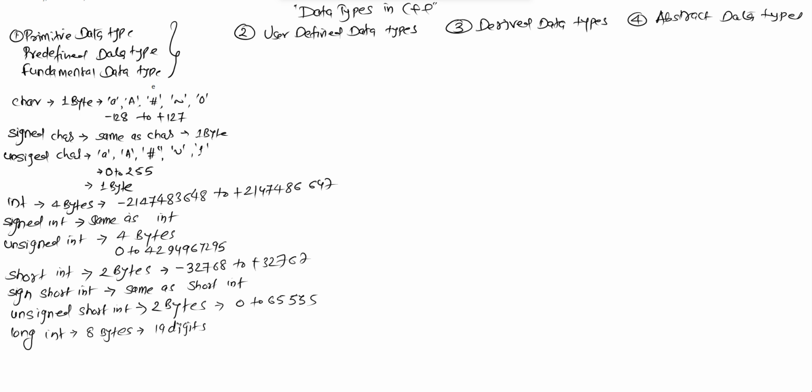So similarly, we have signed long int, which is same as long int, and it takes 8 bytes. And we have unsigned long int that also takes 8 bytes, but the range increases.